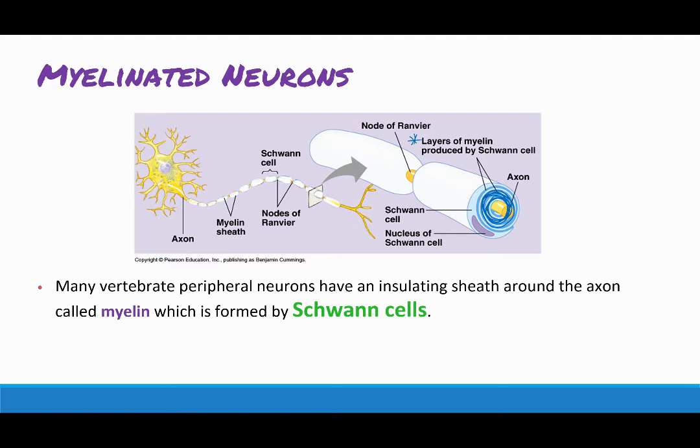And then the outermost layer was called the neurilemma, which repairs damaged axons. And then recall that there are some gaps where you have exposed axons called the nodes of Ranvier.